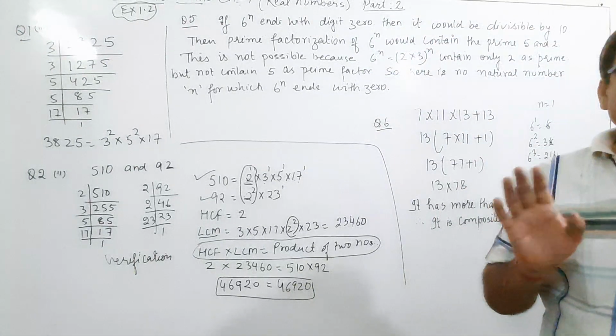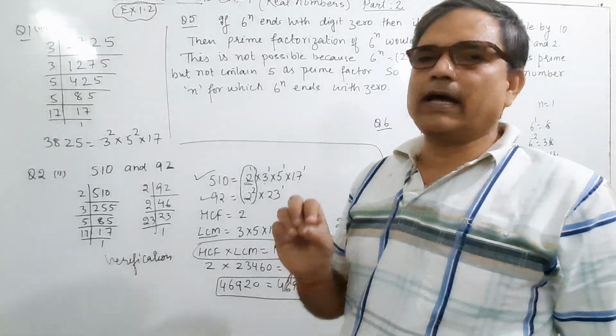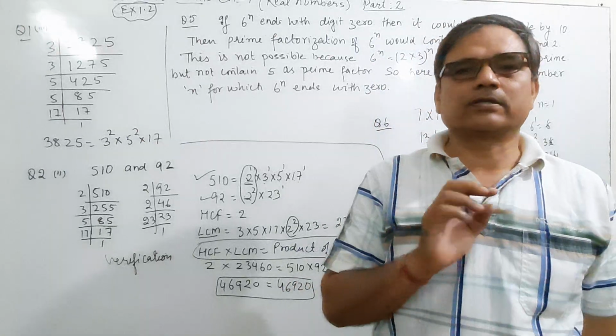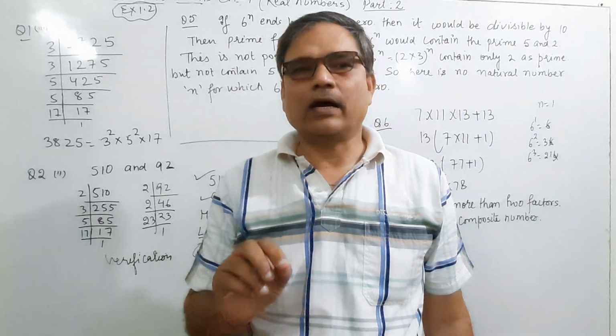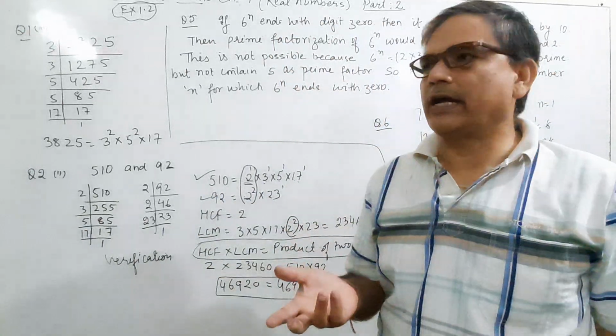For any value of n, does 6 to the power n end with 0? It depends on the factors of 6. If 6 to the power n ends with 0, then it should be divisible by 10.